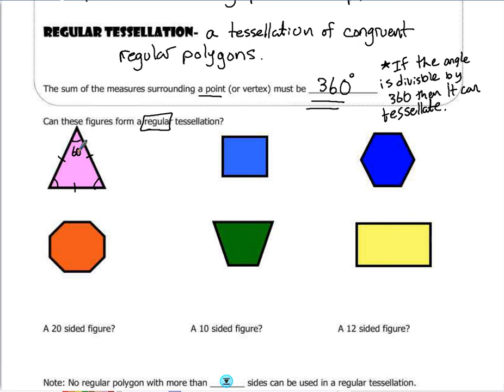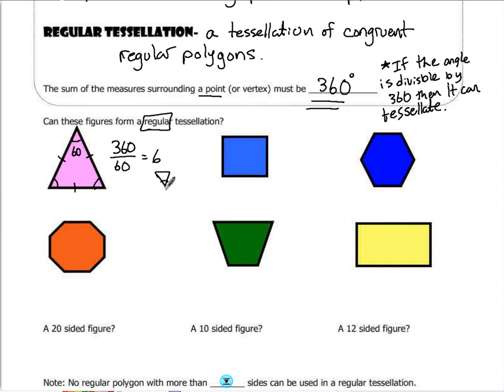So when I look at this problem and I take 360 and divide it by 60 degrees, I get 6, which means that yes, this figure can tessellate.